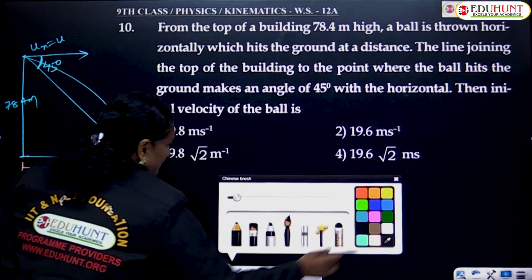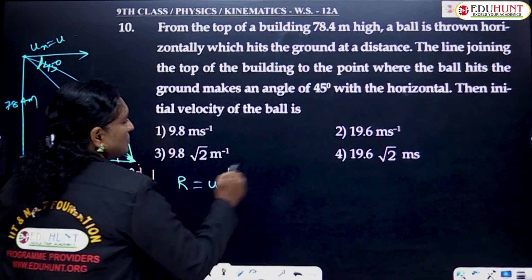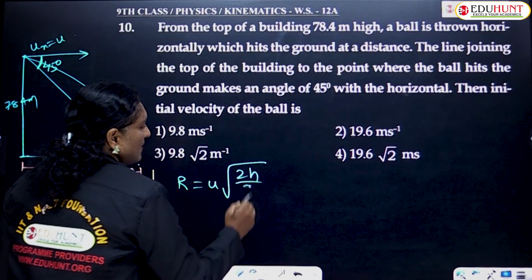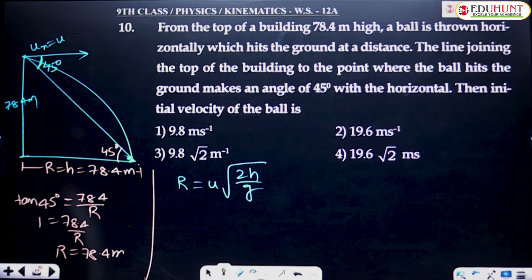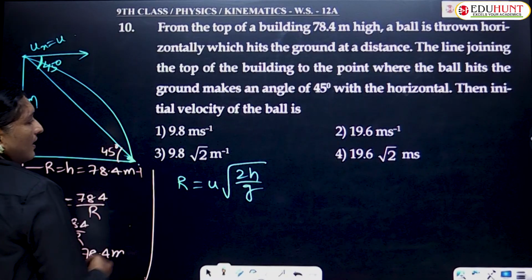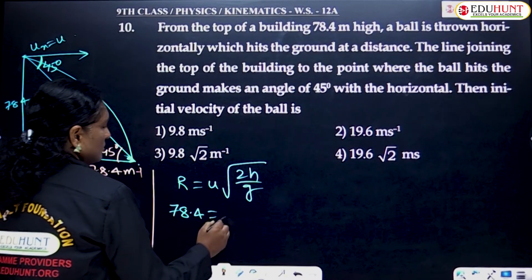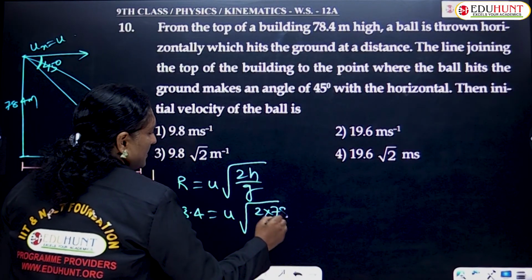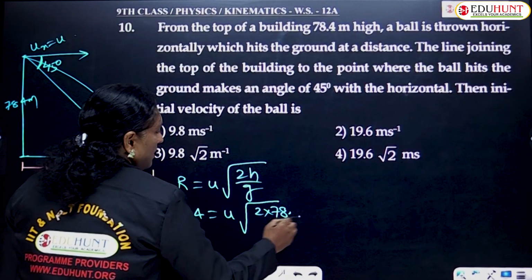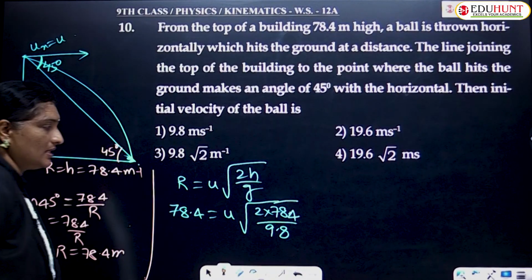Okay children, the relation between height and range is R is equal to u root over 2H by g. So substituting, what is the value of R? 78.4 is equal to u, you need to find root over 2 times H, which is again 78.4, whole upon the value of g. Let us take it as 9.8.